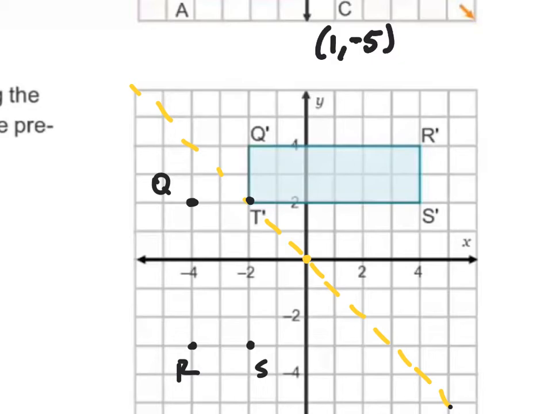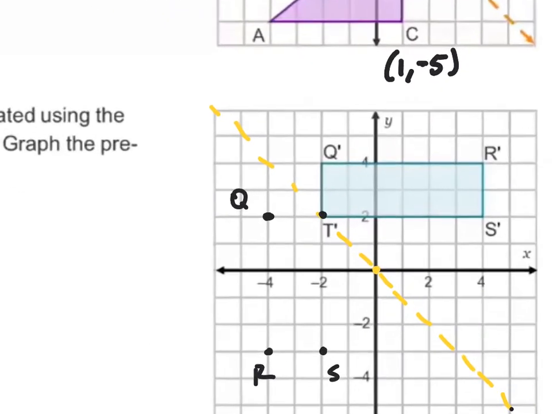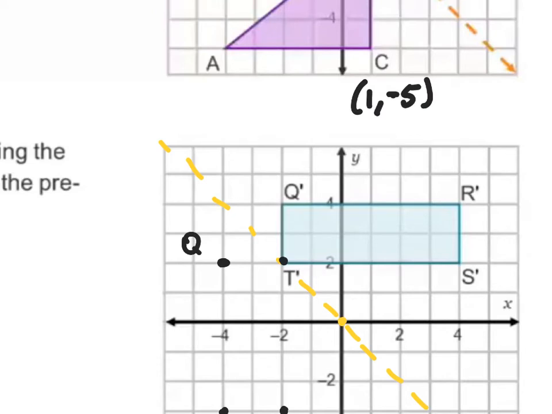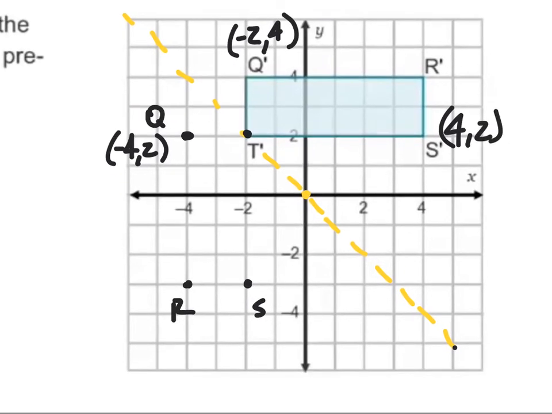And let's think about what these points are. T prime isn't going to go anywhere, so I'm not going to do that. But Q prime, this point here, is the point negative 2, 4. And if I wanted to find Q, I would switch those and make them opposite. So I'd get negative 4, 2. S prime is 4, 2. To get S, we want to do negative 2, negative 4.